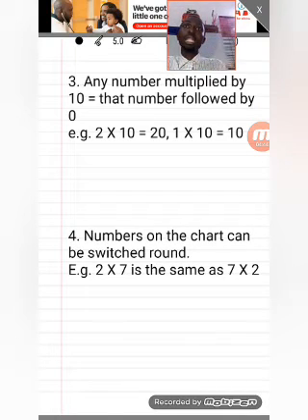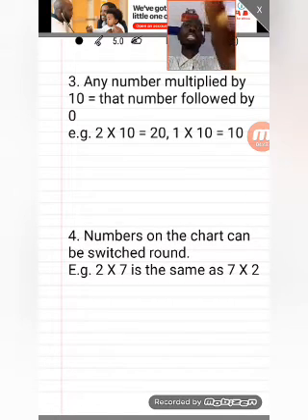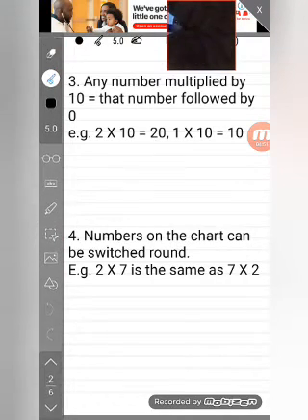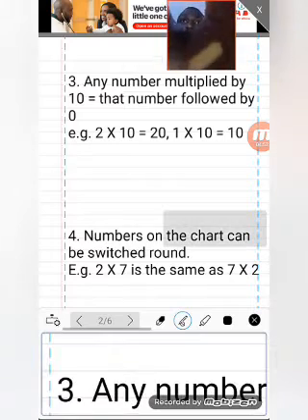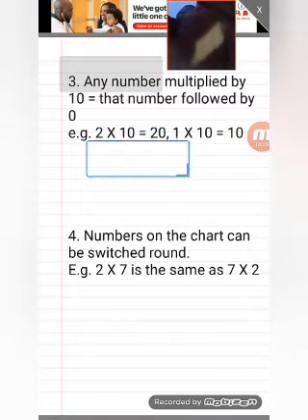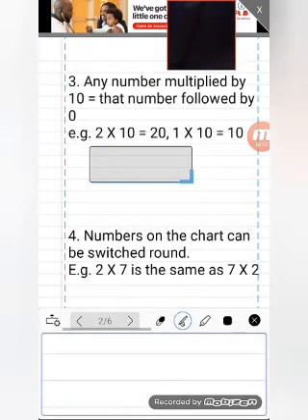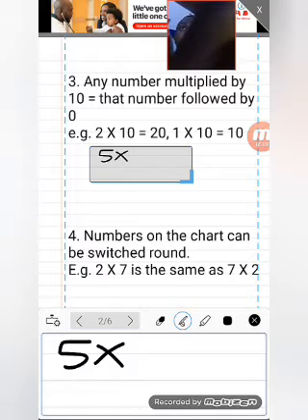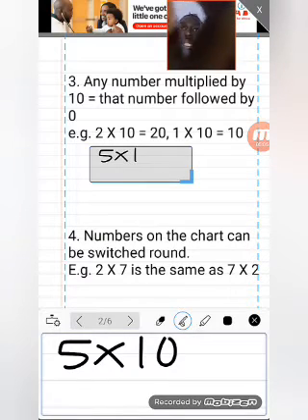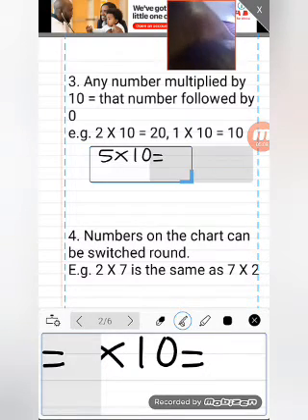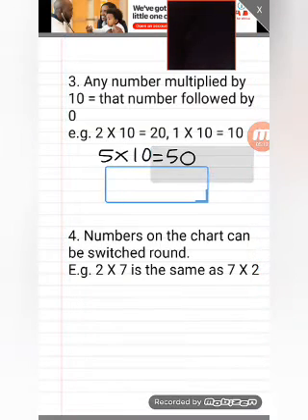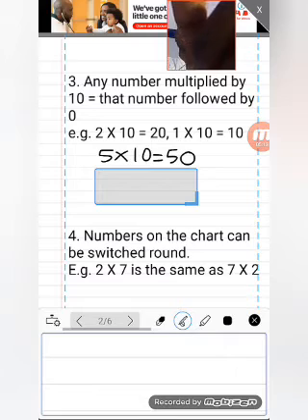1 multiplied by 10 will give you 10. Same thing, I can give you other examples. Let's guess a number, any number. Let's say 5 multiplied by 10. What will it give us? It will give us 50. Let's also look at another one, maybe a bigger number now.